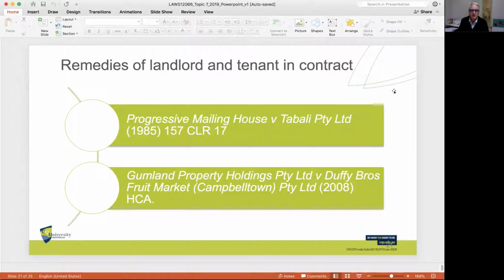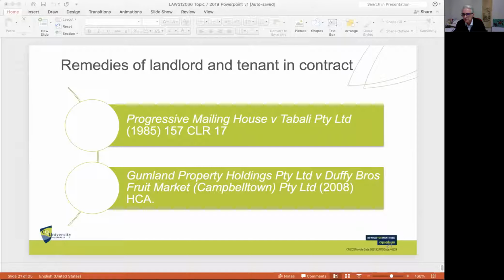So we come back to decisions that have been decided in contractual situations, Progressive Mailing House and Tabali, and Gumlin Property, which deal with the idea of the contractual relief that's possible and how that might be able to be accessed and what sort of contractual remedies will follow.